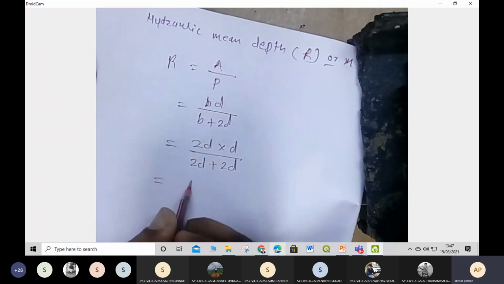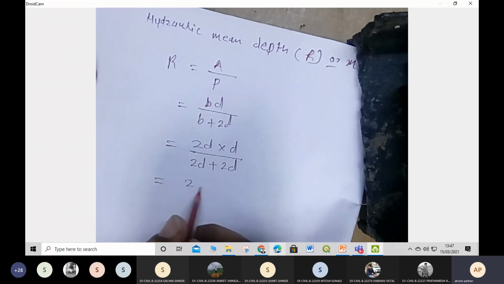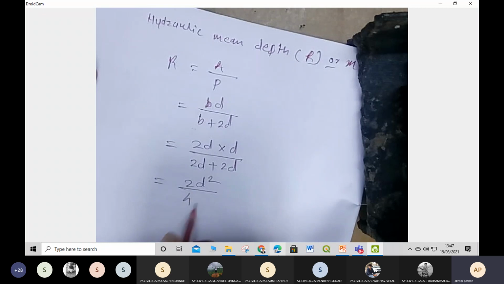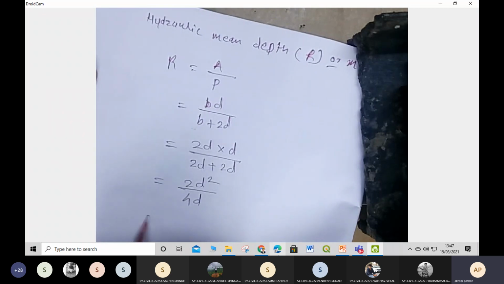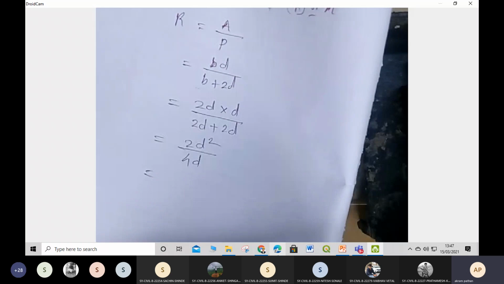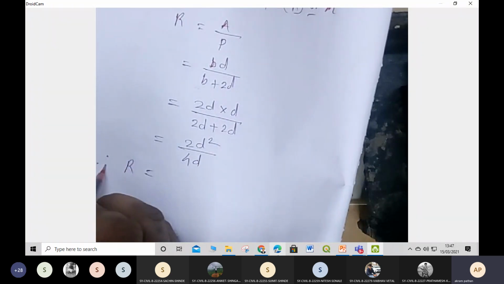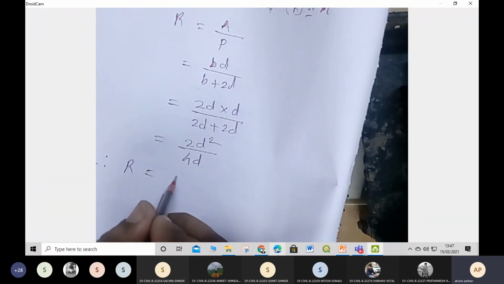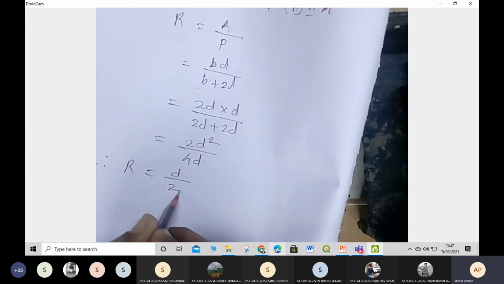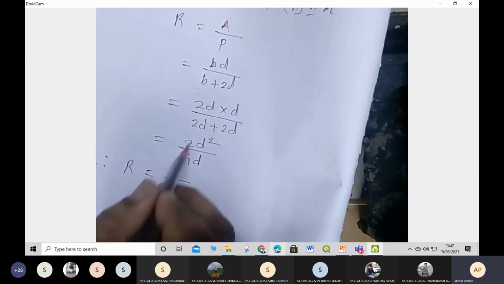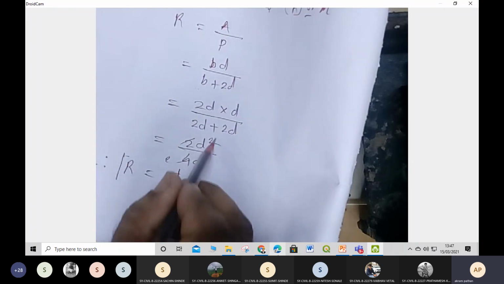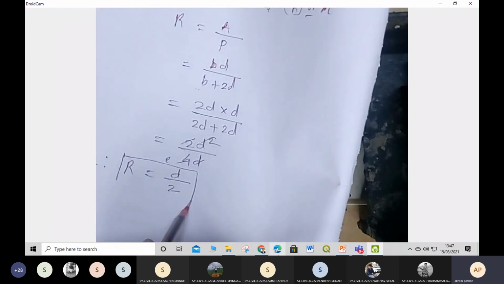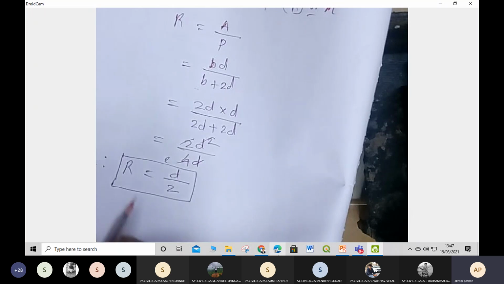After this expression we got 2D square divided by 4D, which gives R is equal to D by 2. So this is the hydraulic mean depth, that is, it is half of the depth of flow.